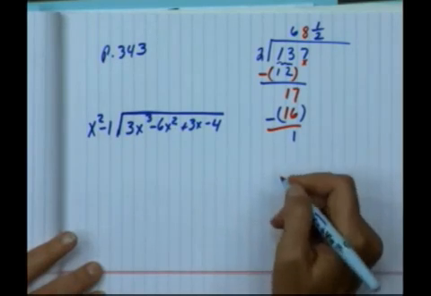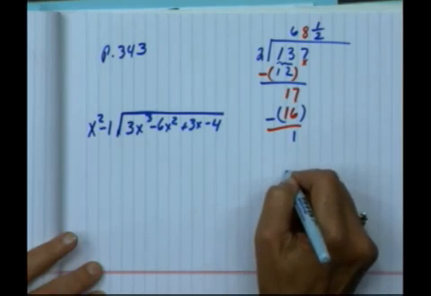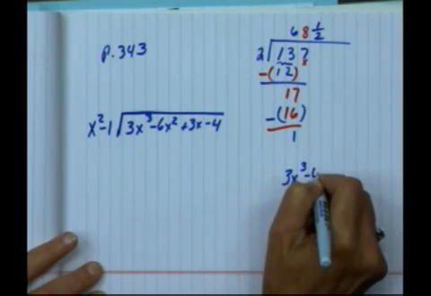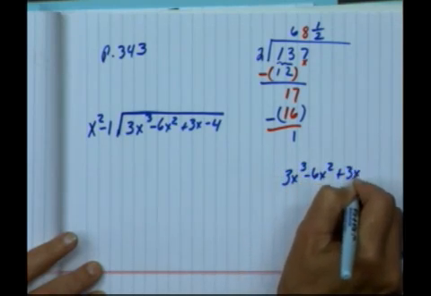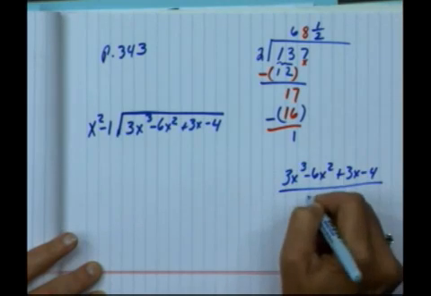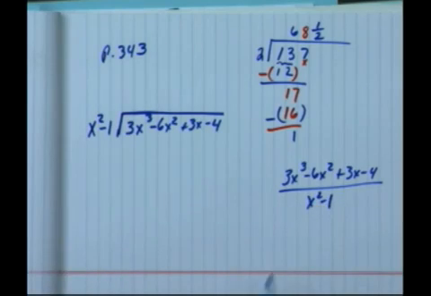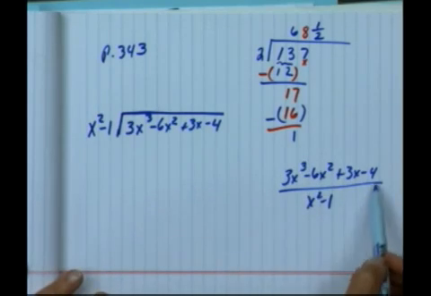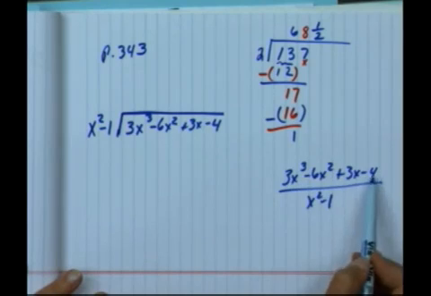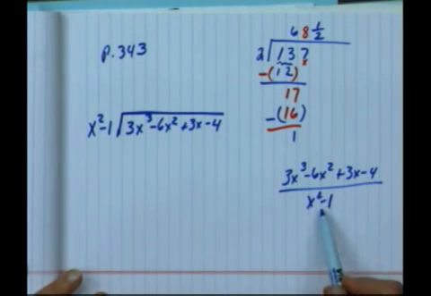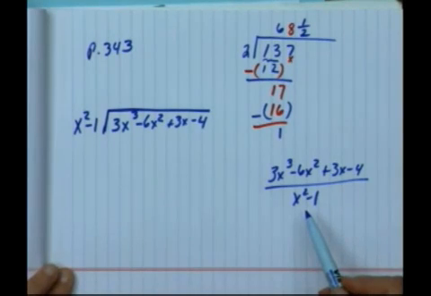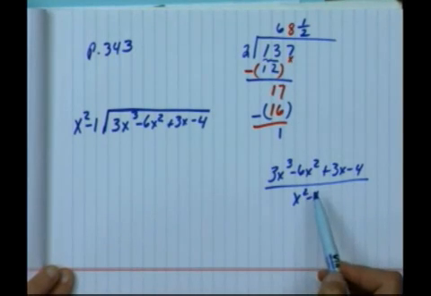Let me write it as the rational expression first. That's 3x cubed minus 6x squared plus 3x minus 4 divided by x squared minus 1. This is my rational expression. The numerator is a polynomial. The denominator is a polynomial. So I have a rational expression.